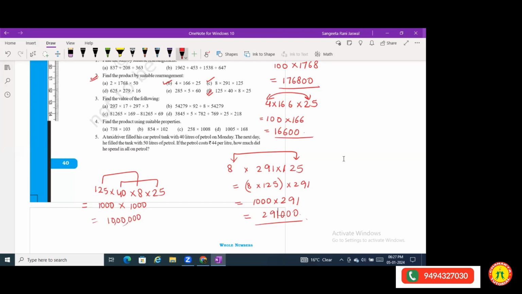Very good. Okay, now everyone please try this D one. This is 625 into 279 into 16. Try this.